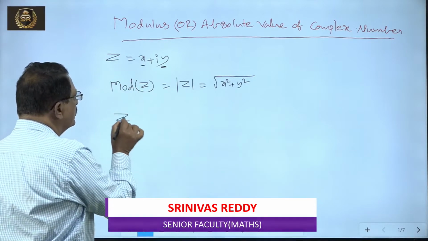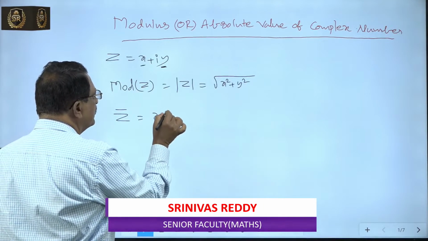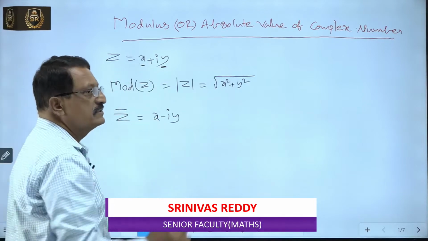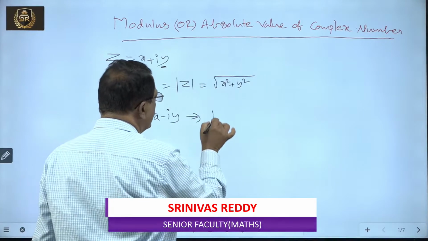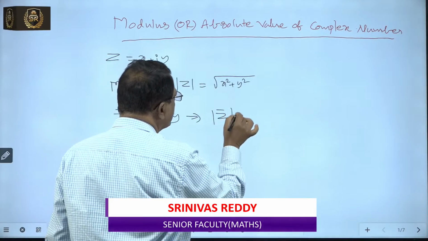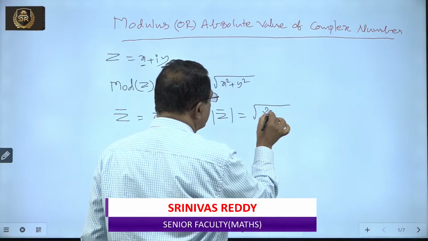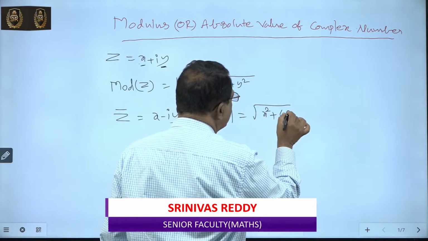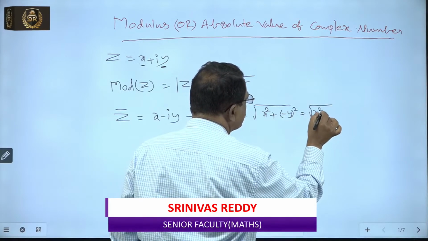Now, z bar equals x minus iy, the conjugate of z. Mod of z bar is also the square root of x square plus minus y whole square, which equals the square root of x square plus y square.